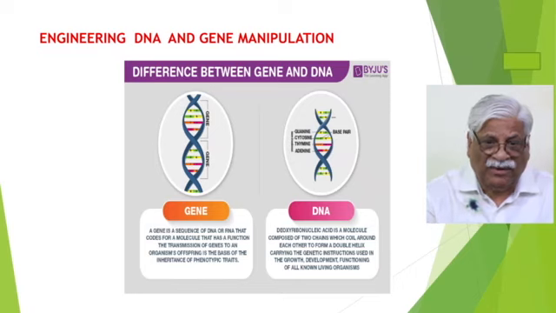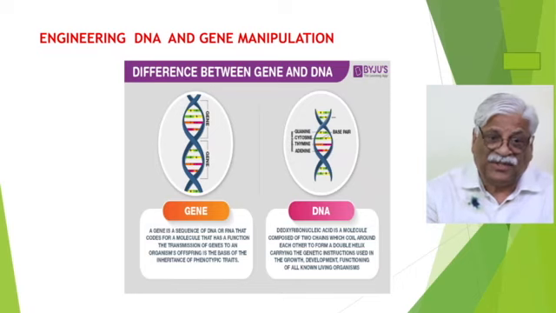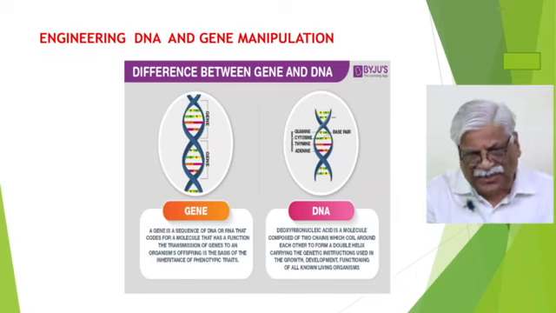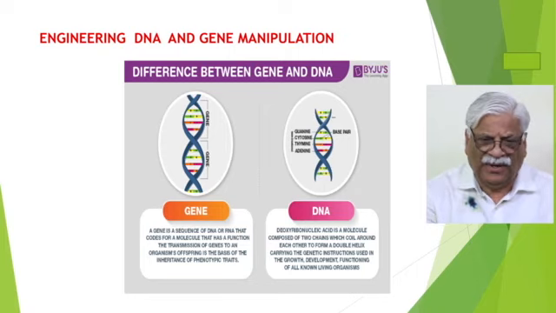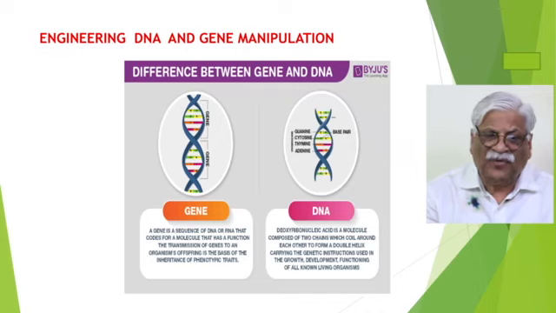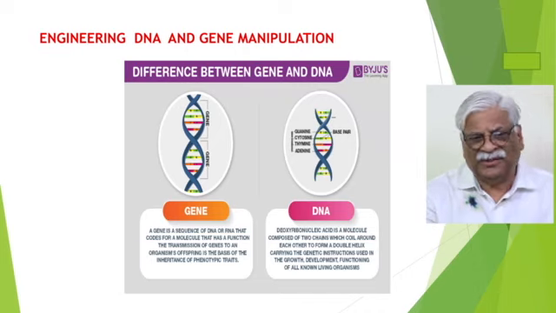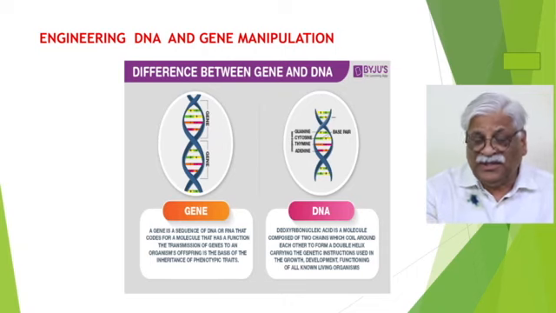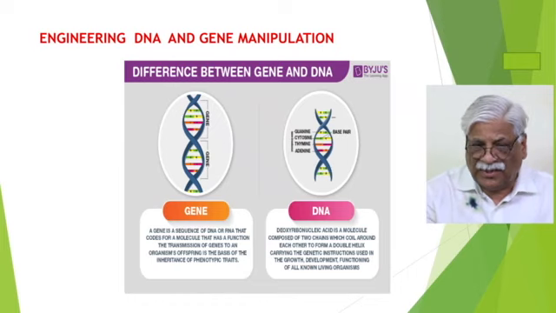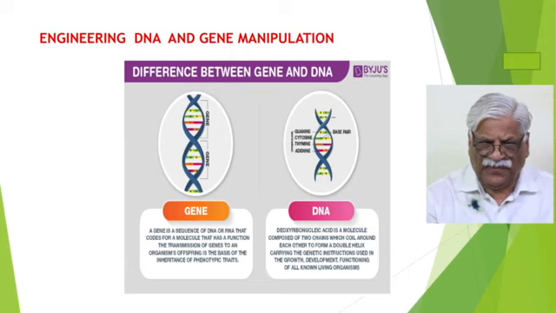So in a single cell, such a large DNA is present. But a gene is a small unit of a DNA. DNA may consist of 1 lakh nucleotides, but the gene consists of only approximately 200 nucleotides. And a gene is very specific because it has to do some functions.